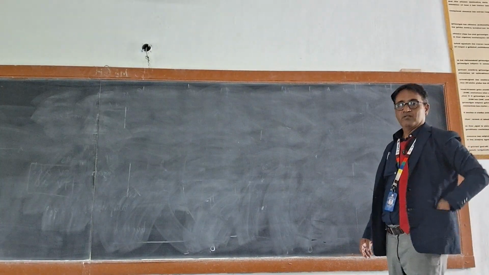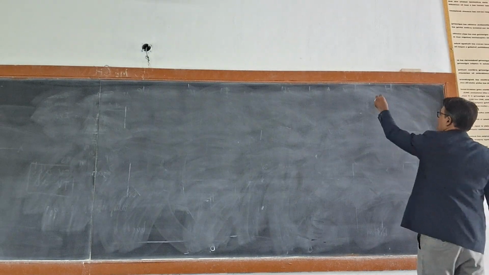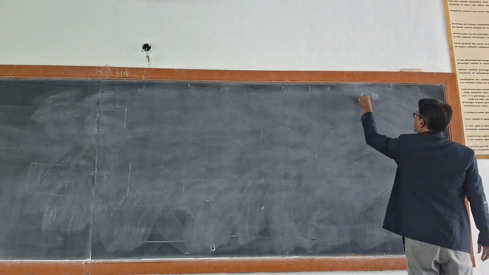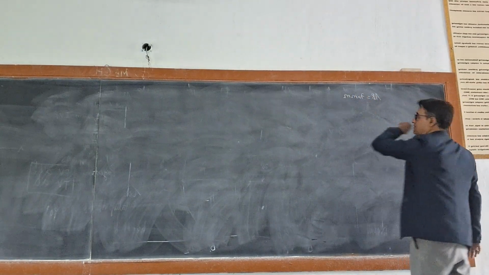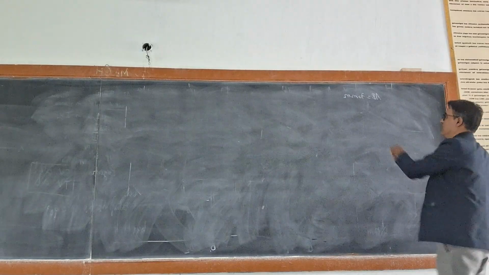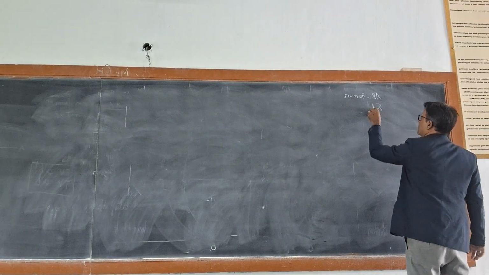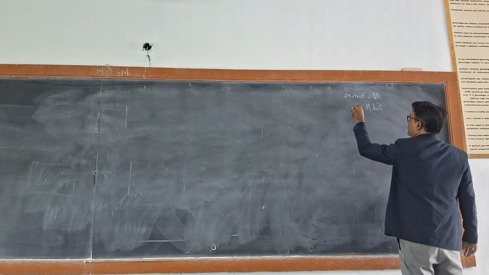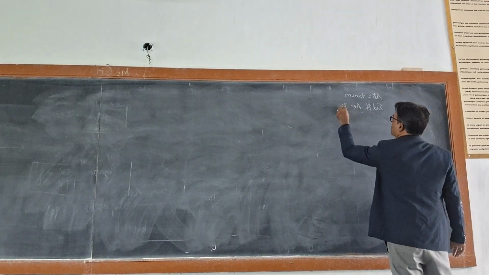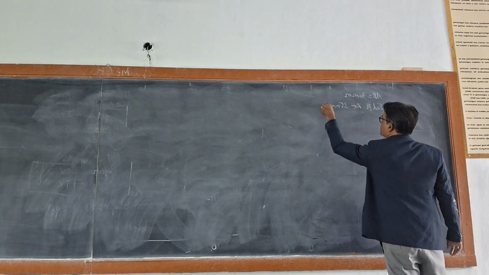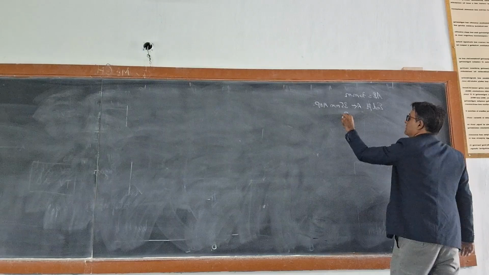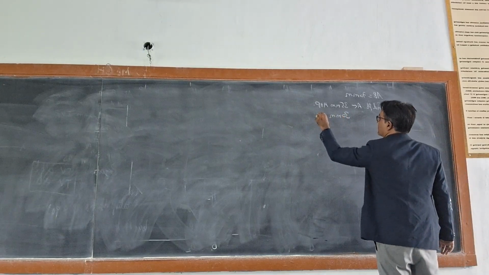Okay. So now let us assume a line AB, say 70 mm. One end A is defined, say the end point A is 35 mm above HP, 30 mm in front of VP.